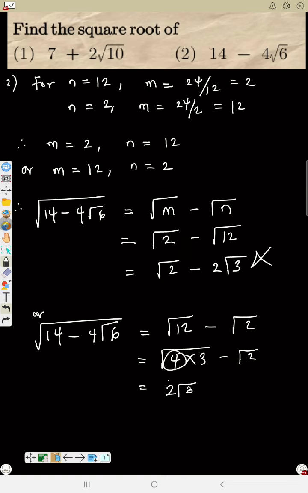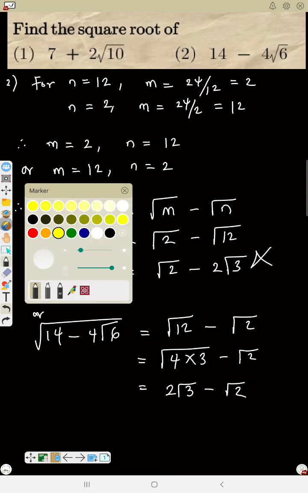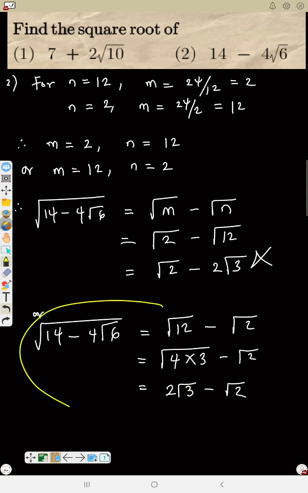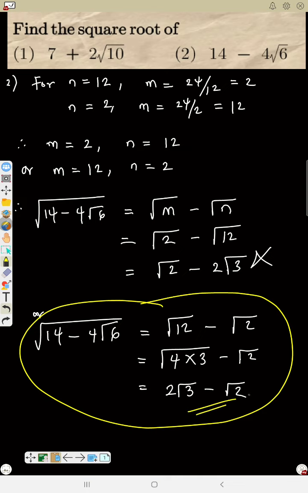So square root of 4 is 2, which is the one we have outside. Then that will be 2 root 3 minus root 2. So that is the answer. That means square root of 14 minus 4 root 6 is equal to 2 root 3 minus root 2.